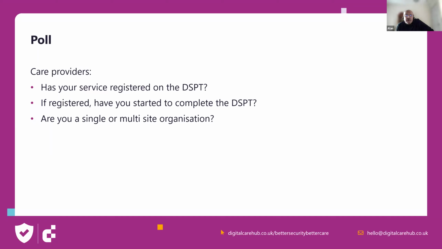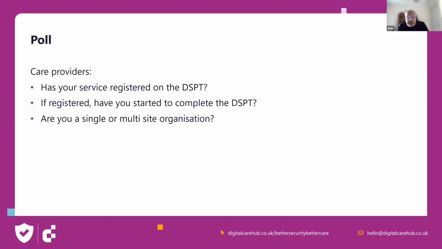Okay, so if people have responded to that, are we able to see the results? Okay, so 77% of you have responded to registering on the DSPT, 15% not, 8% don't know. Second question is your organisation already registered?